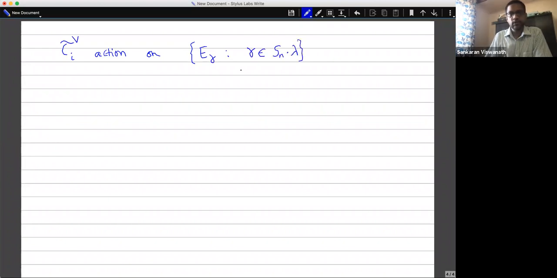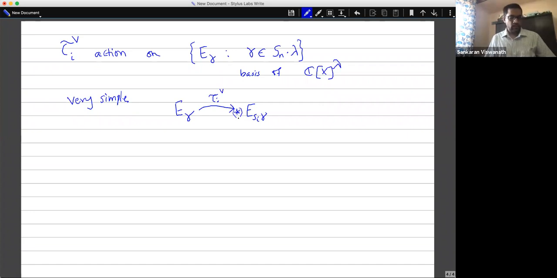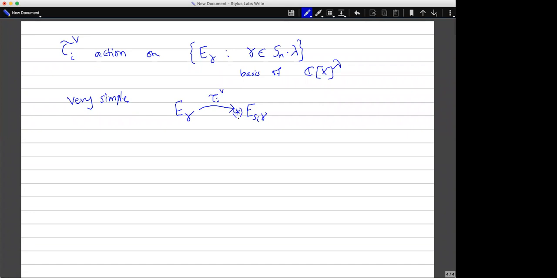Recall, this is a basis now of Cx lambda. So the tau I action on this is very simple to describe, because it takes an E gamma and maps it to some multiple of E s_i gamma. By this I mean potentially some multiple. So in that basis, it has this very nice description.